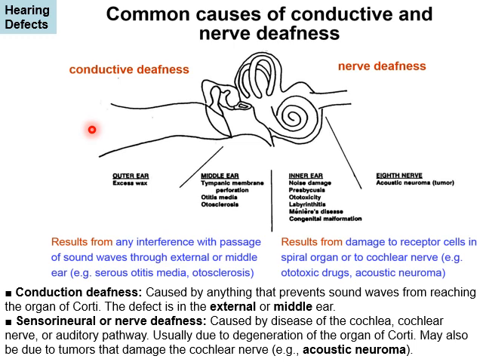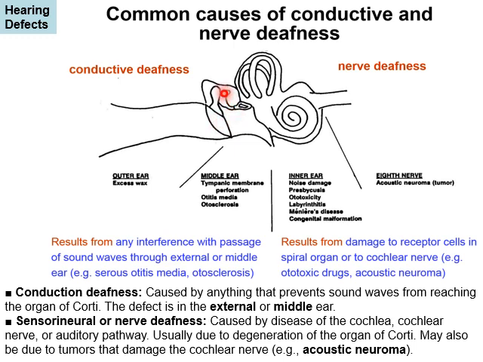The defect is in the external ear or in the middle ear. So in the external auditory meatus, it can have wax, and the wax will block the transmission of the sound. In the middle ear, the tympanic membrane or the eardrum could be perforated, and if it is perforated, it will not transmit the sound wave very well. So it will cause deafness, and that's called conductive deafness.